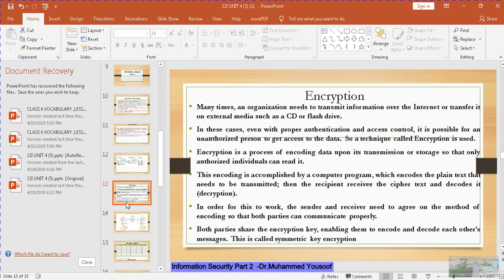Everything is done. So you think the data is secure, but when you type your username and password, it is going through the internet to the server of the bank and it is authenticated, and then you are getting the access.